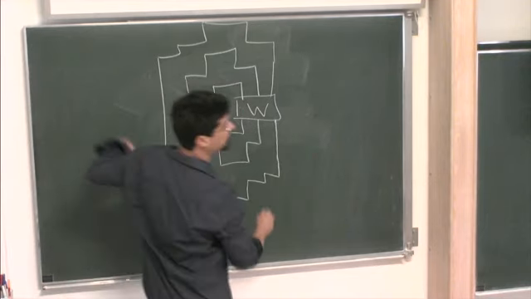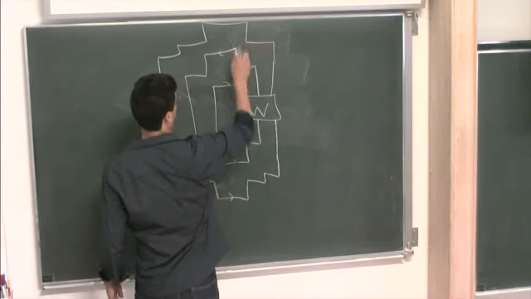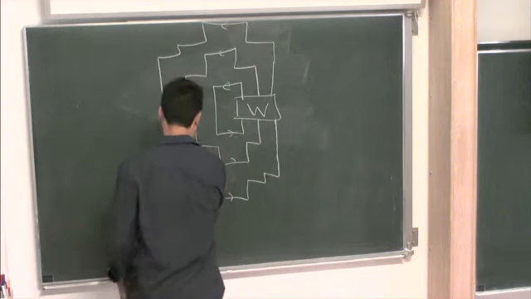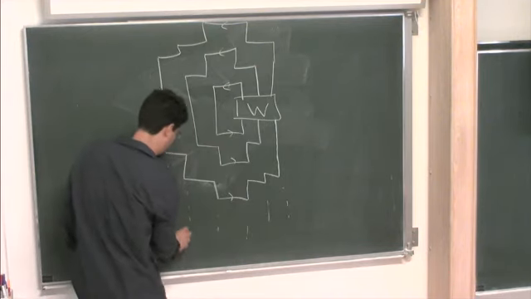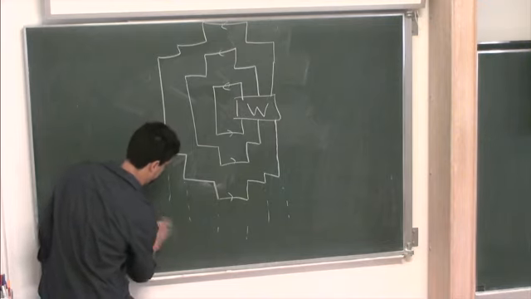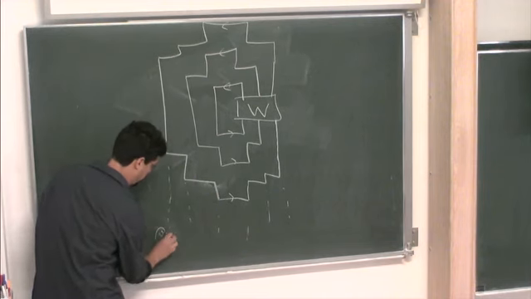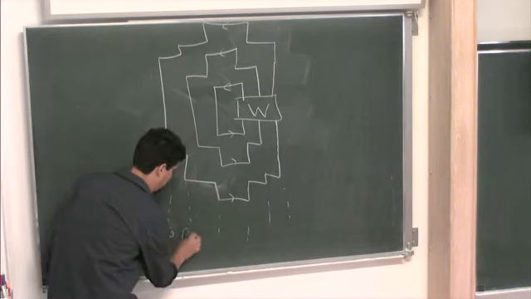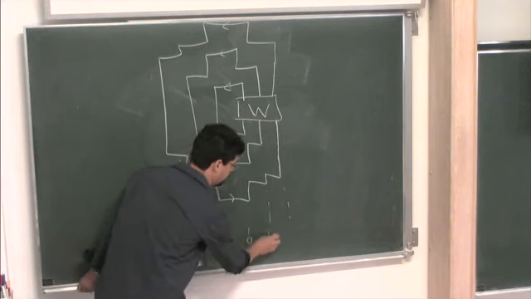Okay, everything points to the right. Oops, this comes to the left. And so here you have beta minus 0, it's the label, beta minus 0, beta minus 0, and here you have 0, 0, 0.